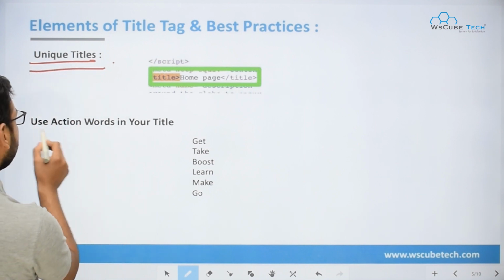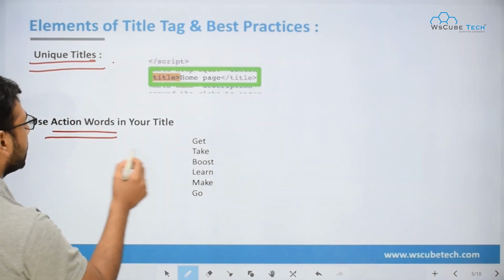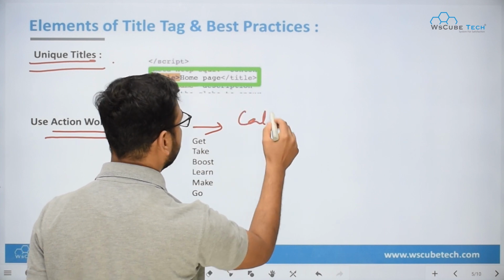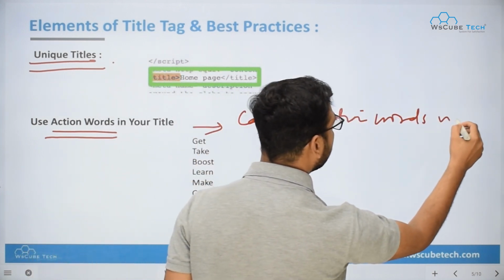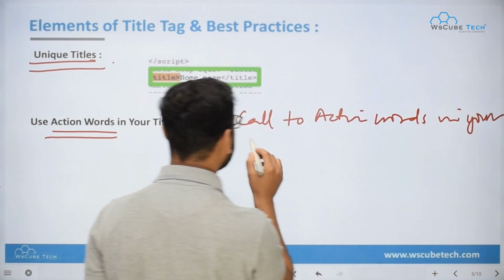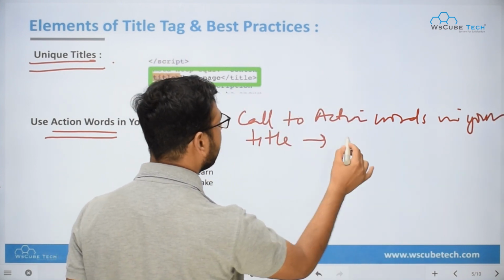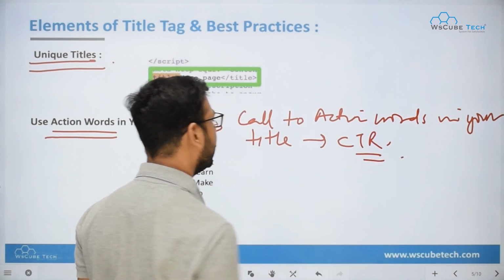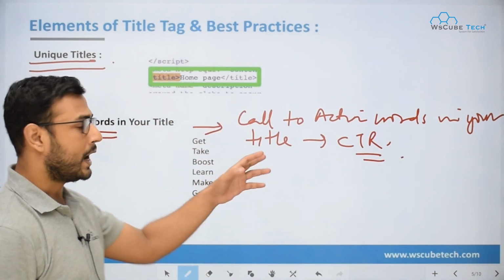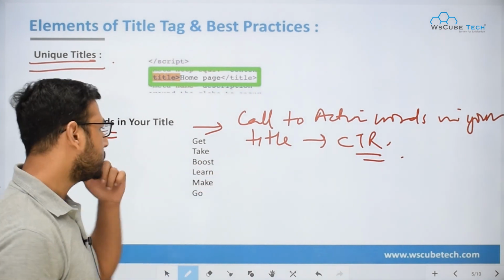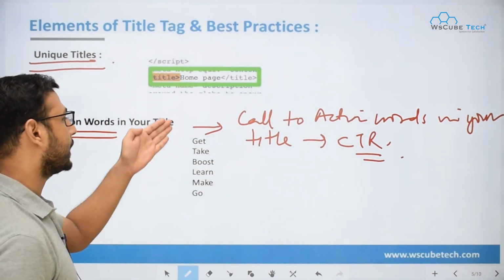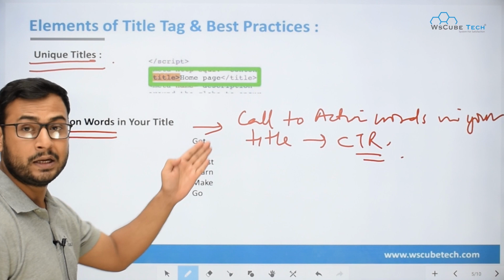Then you can use actionable words, which are also called call to action words, in your title, because you want to increase your CTR. Whenever someone looks at your title and gets convinced by it, they are going to click on it. These are convincing, call to action kind of words, and they will increase your CTR.